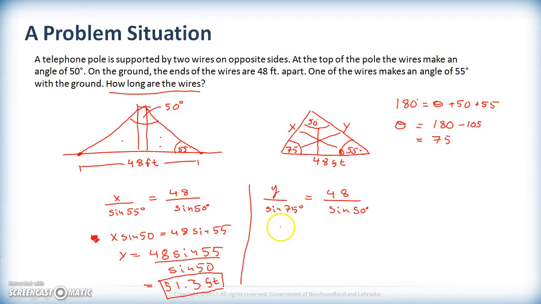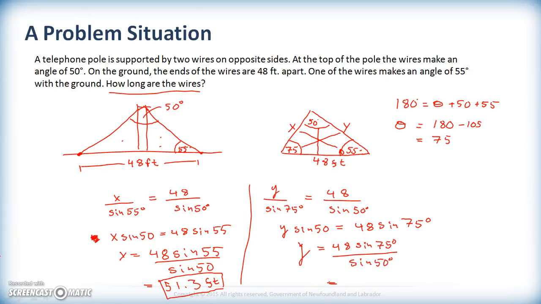And for the other one, we're going to end up with Y times sine 50 equal to 48 times sine 75. So Y is going to be equal to 48 sine 75 divided by sine 50.